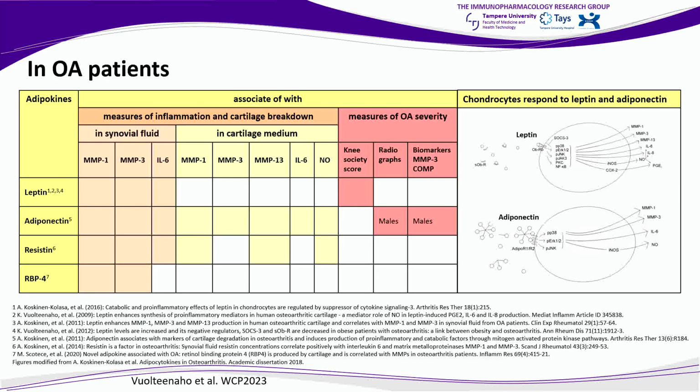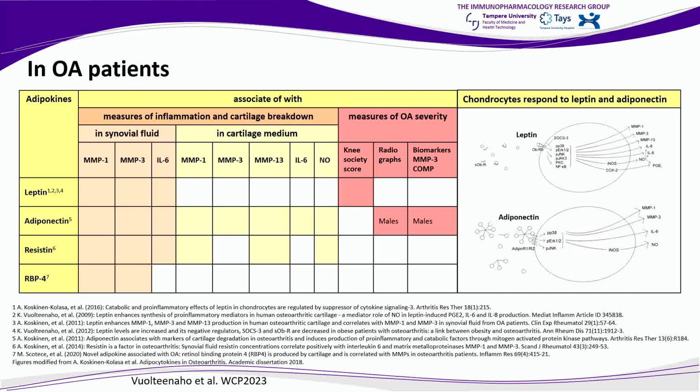We and others have studied this subject quite extensively, and in OA patients, adipokines such as leptin, adiponectin, resistin, and retinol-binding protein 4 associate with measures of inflammation and cartilage breakdown, like MMP enzymes, IL-6, and nitric oxide, in synovial fluid of OA patients and in cartilage medium.